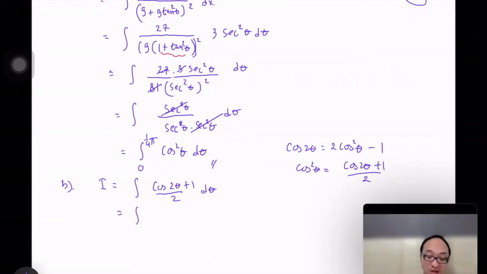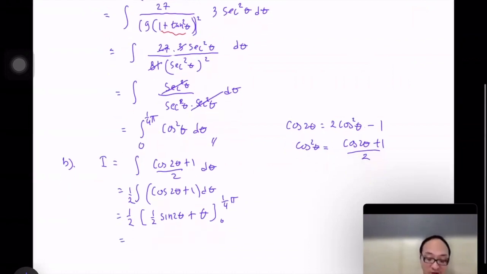So I put the half outside, integral cos 2 theta plus 1 d theta. So half integral cos 2 theta is half sine 2 theta plus theta. But the boundary is 0 until 1 over 4 pi.